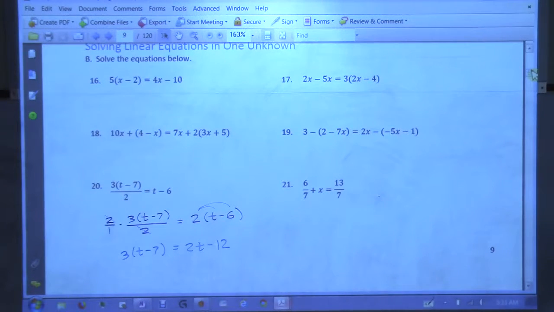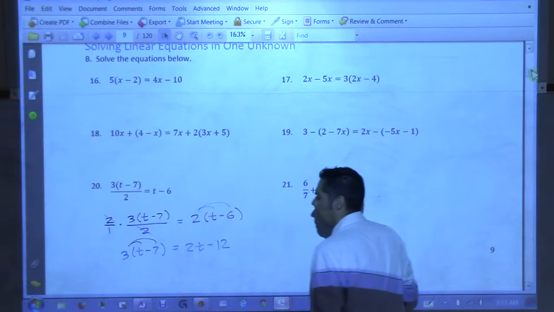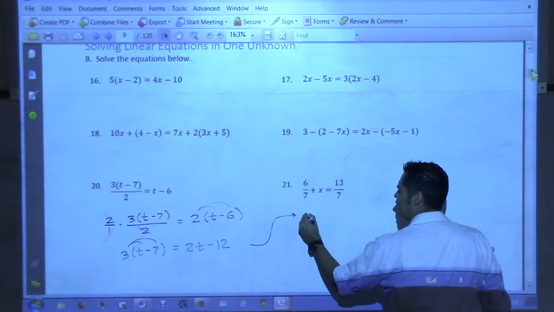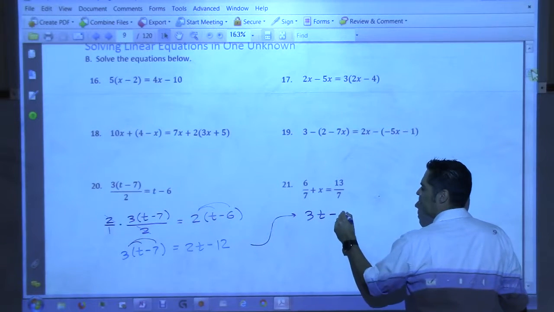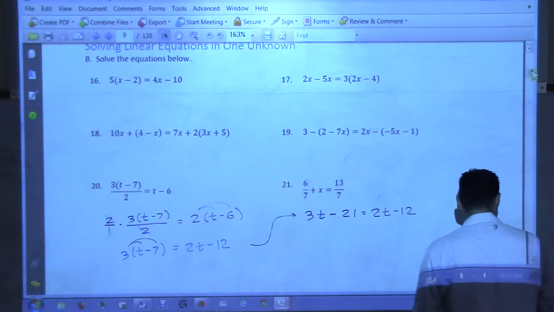And we can continue this. What would I do next? Distribute the 3 through the parentheses over here. So this would now become 3t minus 21 equals 2t minus 12.